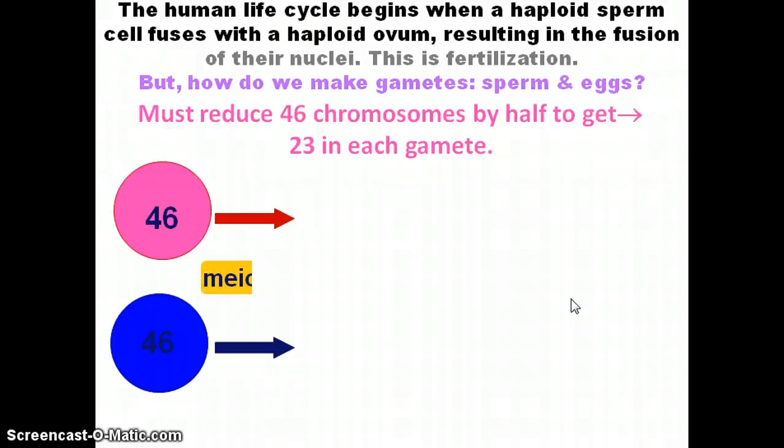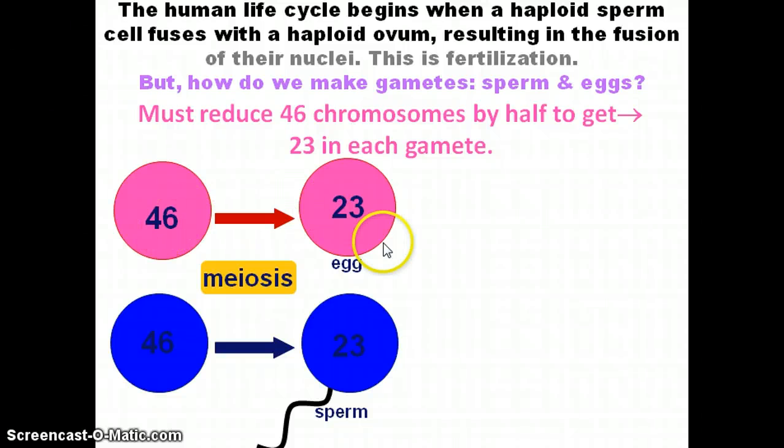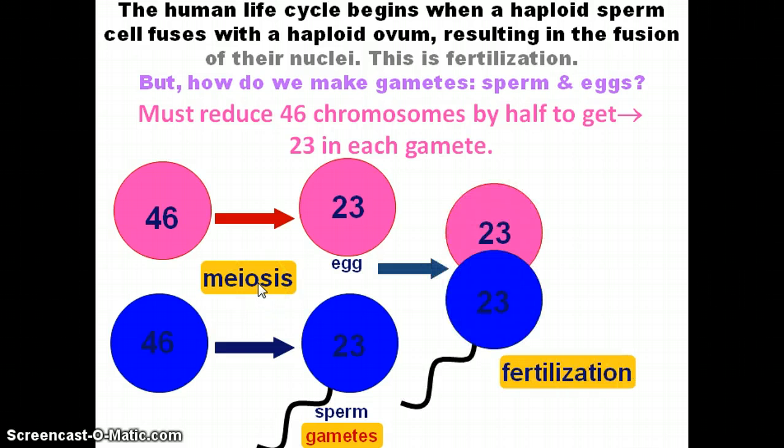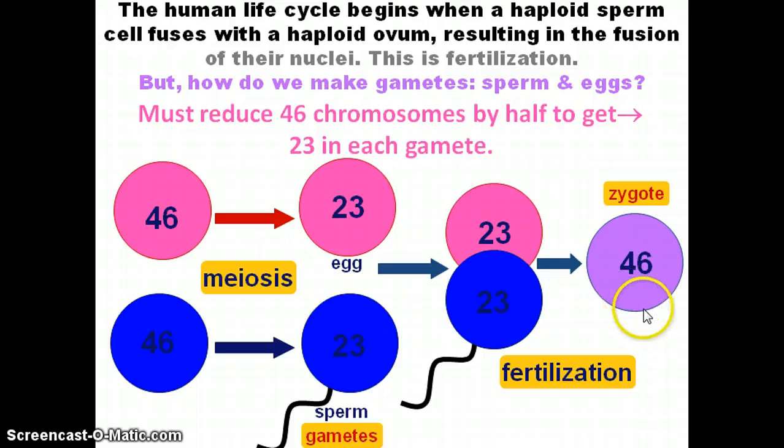So it's only through meiosis that we can go from a cell that has 46 to a gamete that has 23, or half that number. So to go from a 2N to an N is only going to occur through meiosis. And then when you have fertilization, these two add up together, because we have a fusing of these two cells in order to go back to the diploid, or 2N, state of 46 with our zygote or developing embryo.